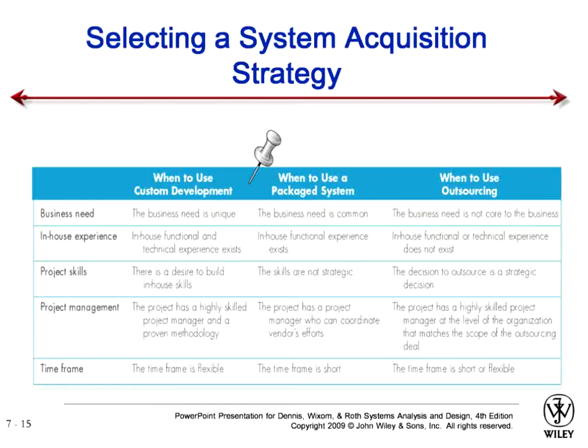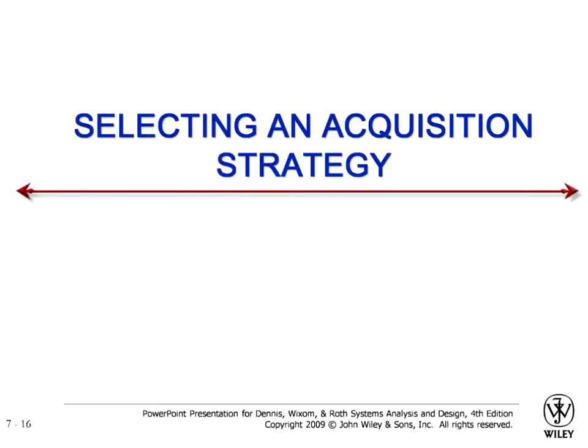And when the business need is not core to the business, in-house functional or technical experience does not exist, the decision to outsource is a strategic decision, and the project has a highly skilled project manager at the level of the organization that matches the scope of the outsourcing deal, and the time frame is flexible, then you can go for outsourcing. So there are certain scenarios in which you have to make a decision about whether to outsource or not.